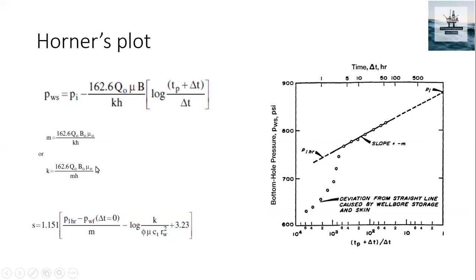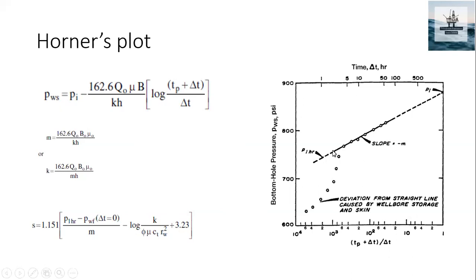K represents permeability, which you have already estimated through the slope, and that value will be kept over here, divided by porosity, viscosity, total compressibility, and wellbore radius. So if you have all these values, you can estimate skin factor and permeability.